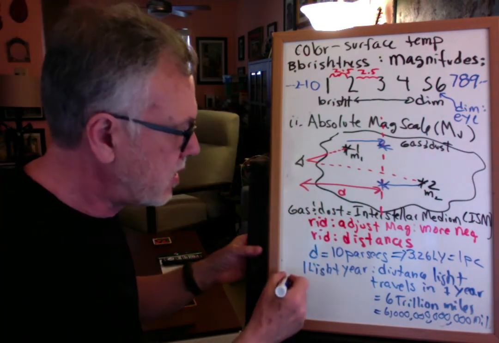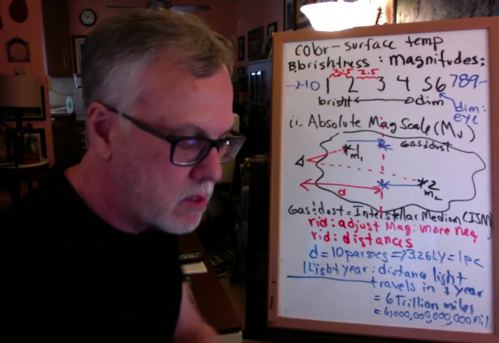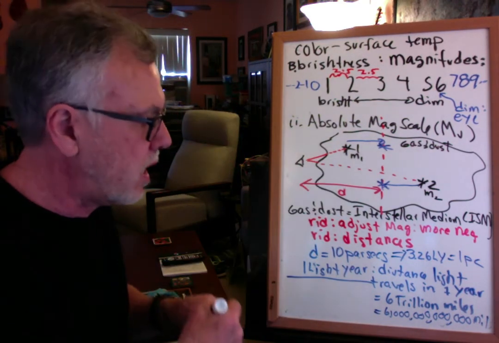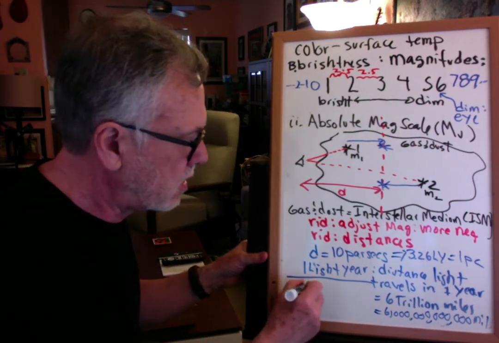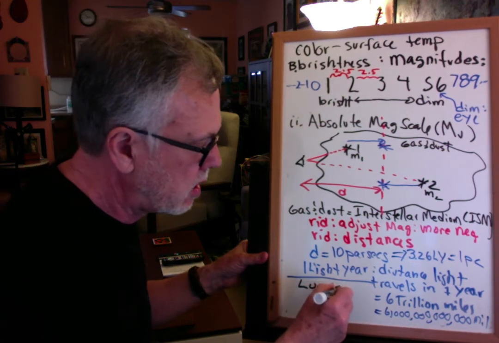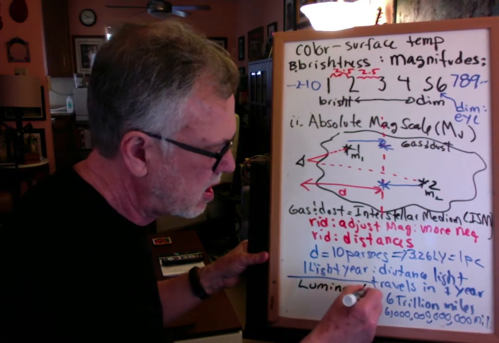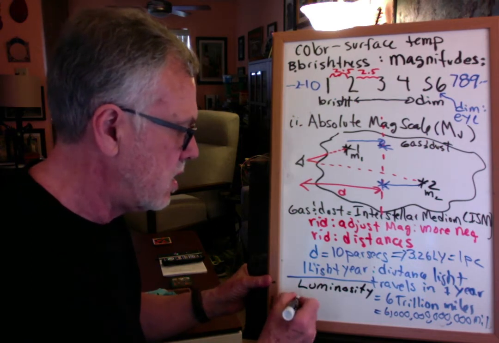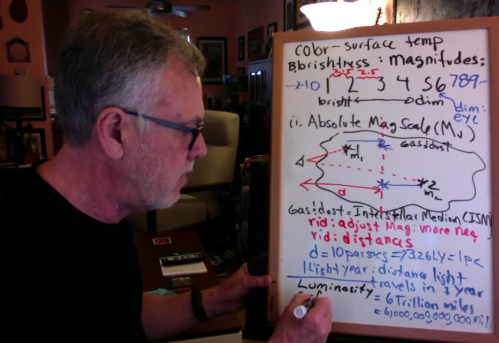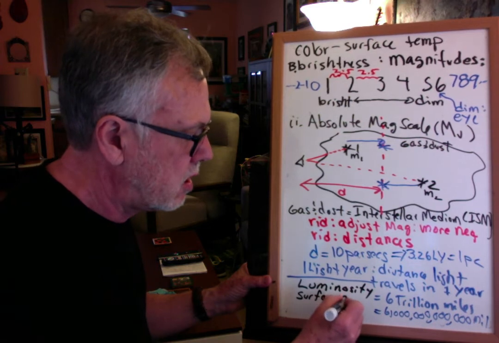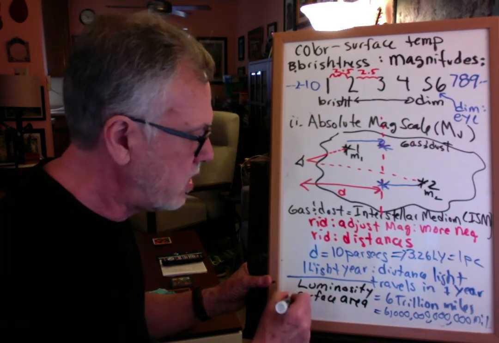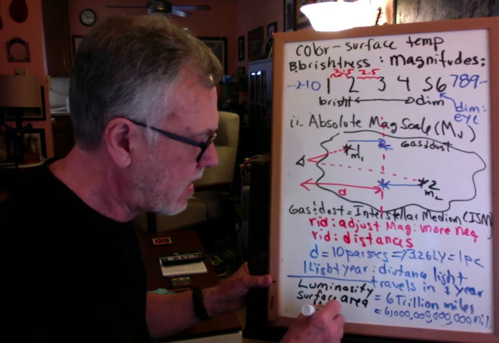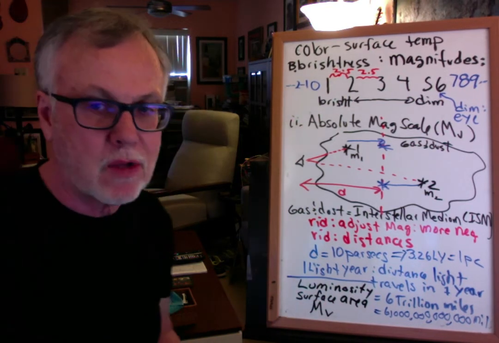So the only thing left that will affect the magnitude assigned in this scale is the luminosity and the surface area of a star. That's the only thing that will affect the value for the absolute magnitude.